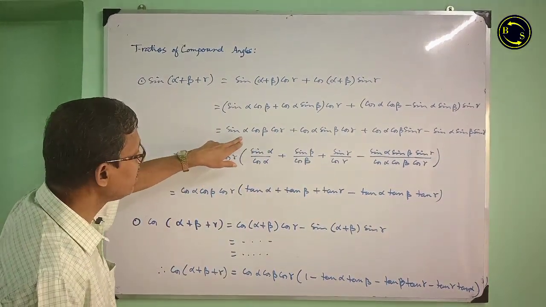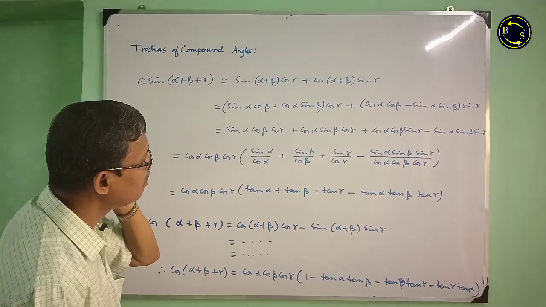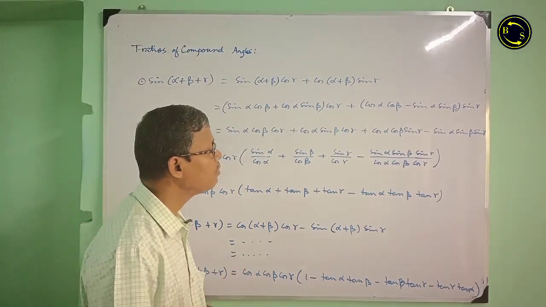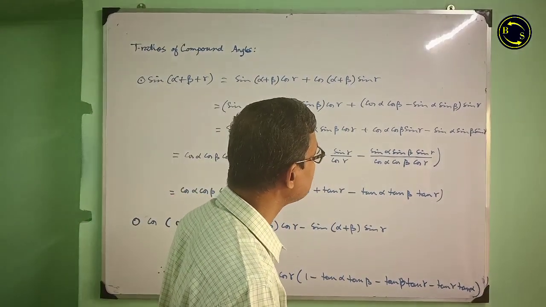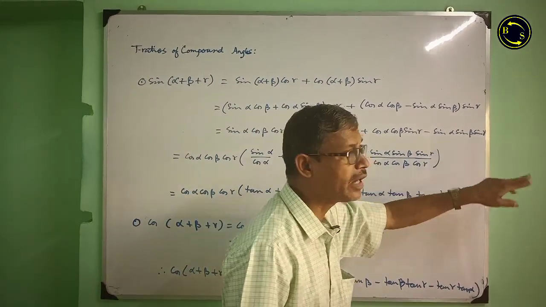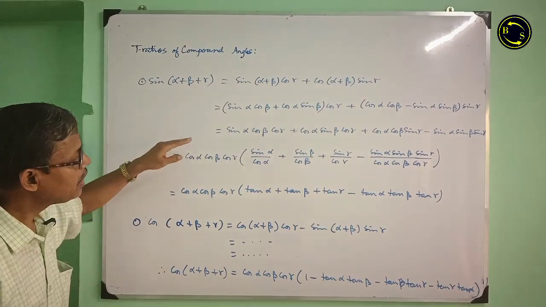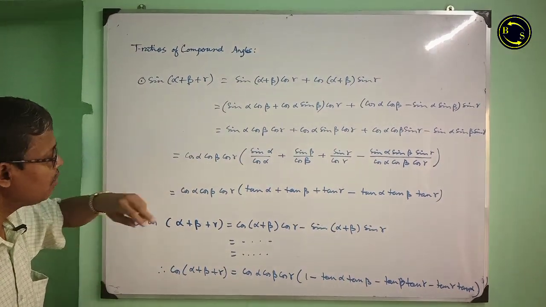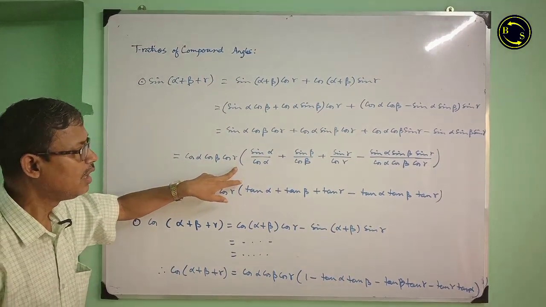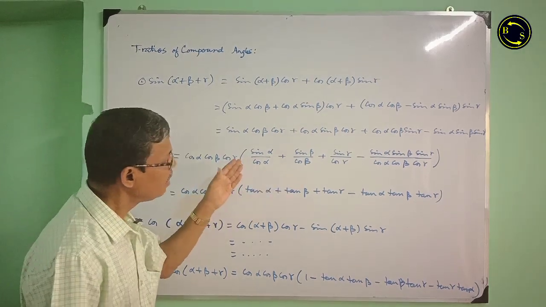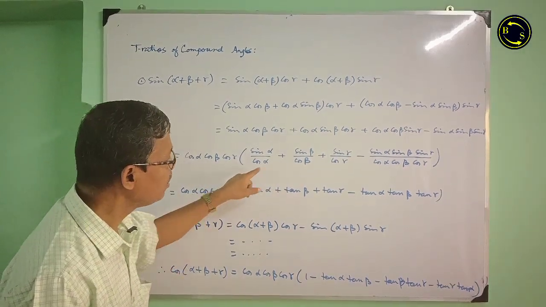You see it is sin alpha cos beta cos gamma plus cos alpha sin beta cos gamma plus cos alpha cos beta sin gamma minus sin alpha sin beta sin gamma. Now to get tan form, we take cos alpha cos beta cos gamma as common factor, and you see the other factor will be this one.